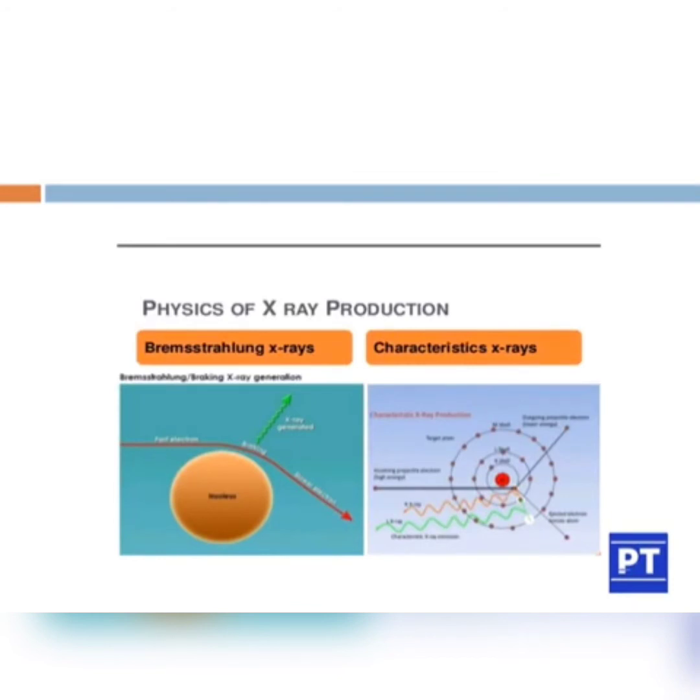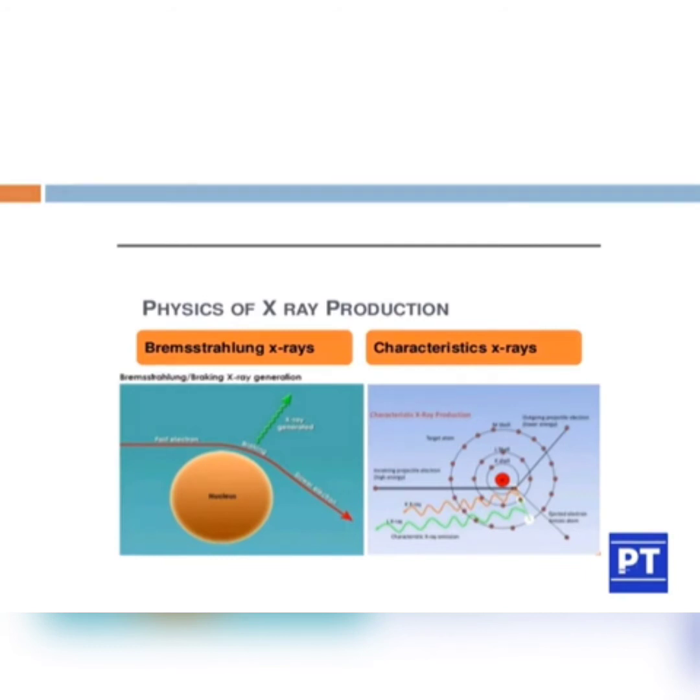Again, let us see the physics of X-ray production. Bremsstrahlung X-rays as well as characteristic X-rays are produced in the X-ray tube. Bremsstrahlung X-rays are otherwise known as braking X-rays. Here you can see two figures, so just keep in mind these two figures.